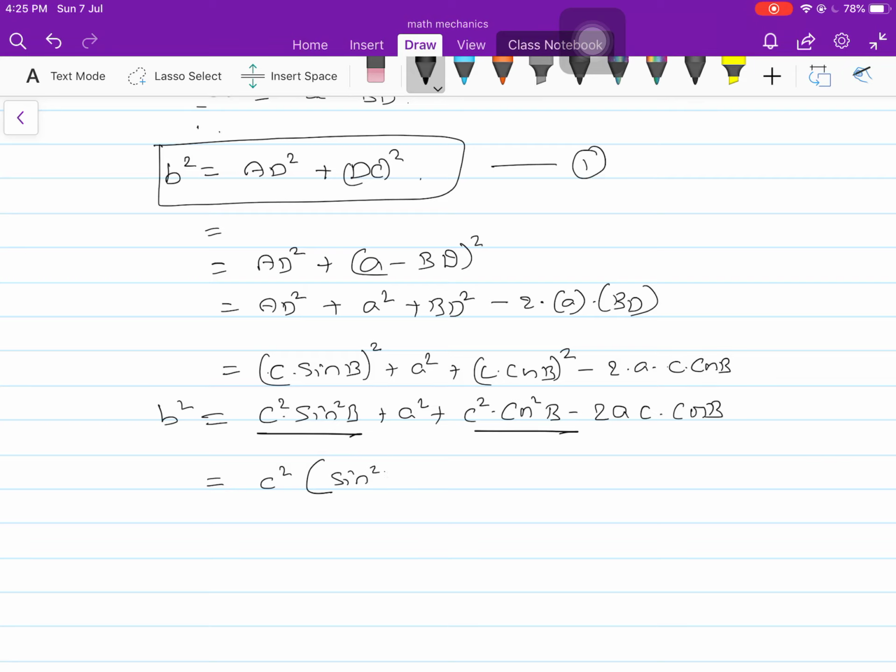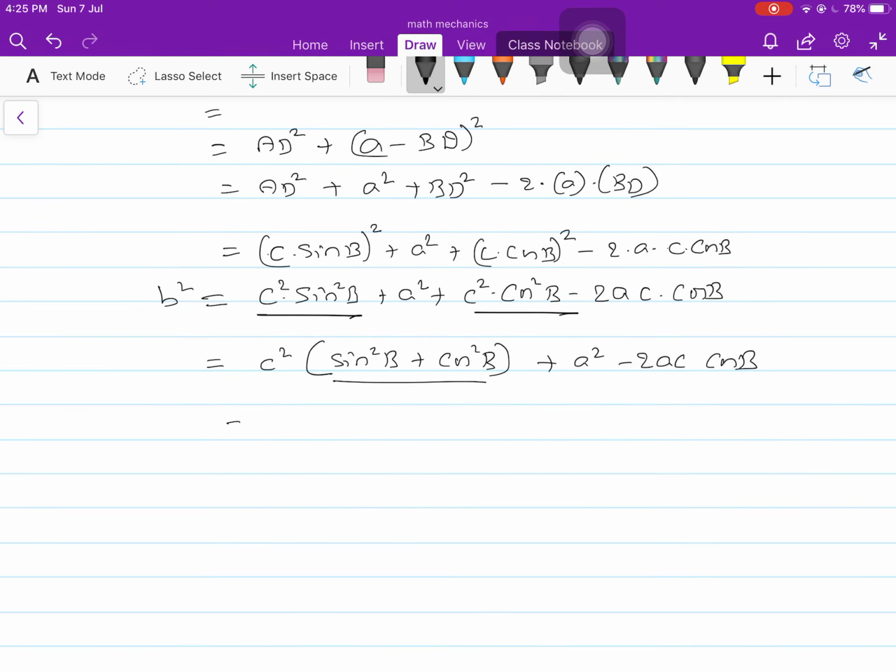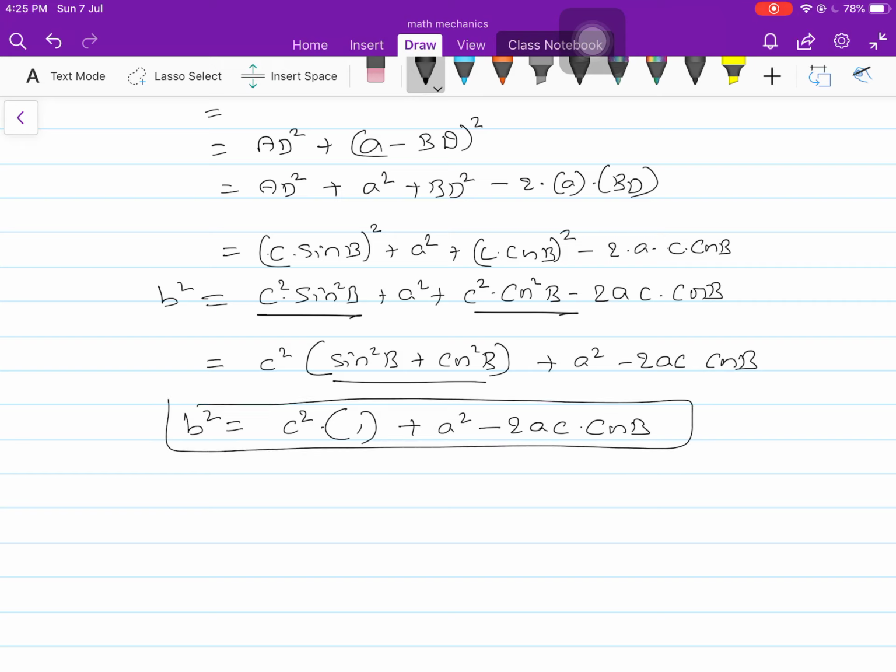So we are left with sine square B plus cos square of B plus A square minus 2AC into cos of B. Now sine square B plus cos square B is 1. So this you are going to learn later. So as of now use it, sine square theta plus cos square theta is 1. So this is how you prove the cosine rule.